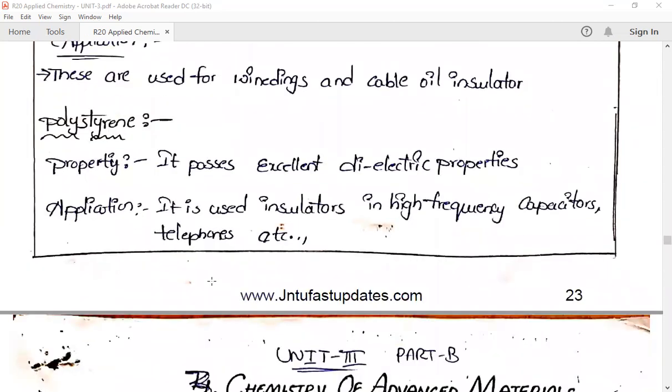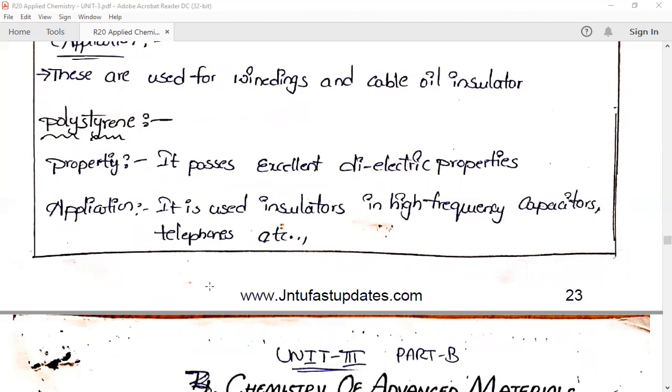Another classification of the solid insulator is polystyrene. This polystyrene is produced by the polymerization of styrene. High polymeric styrene is hard, rigid, and transparent in nature.